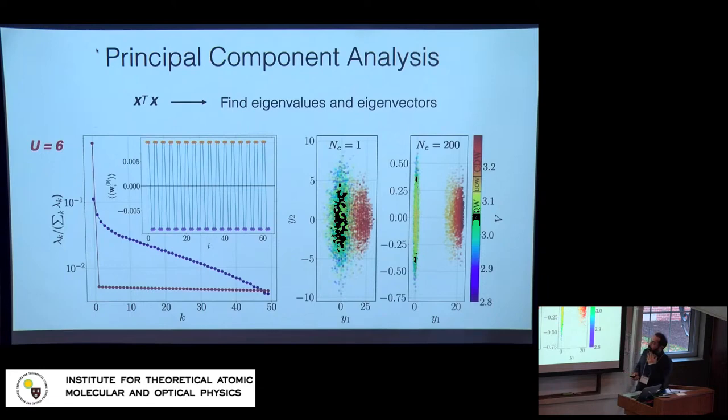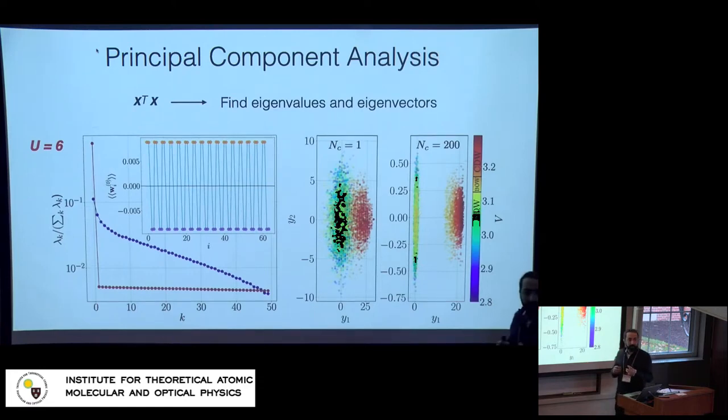This is one of the two methods that I mentioned, and if you're not familiar with PCA, it's a simple linear technique that you can apply to your data. This X is what we call the matrix of data, so you take all these bit strings and you put them in a big matrix as rows of a big matrix X. You calculate the covariance matrix, and you find the eigenvalues and eigenvectors of that matrix.